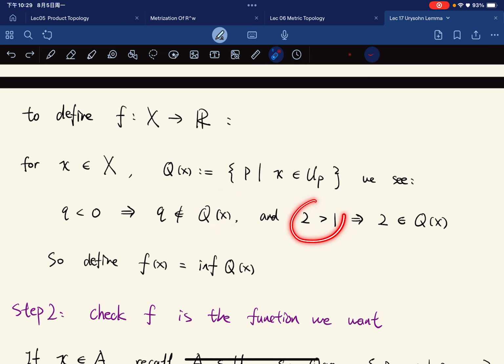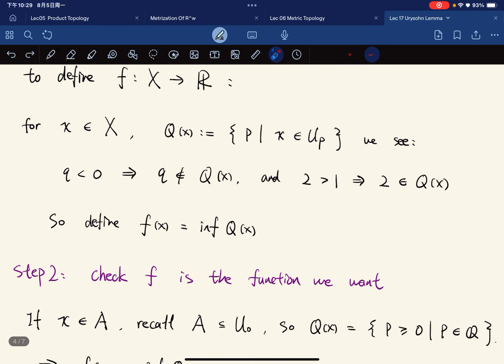Also it is not empty, because U2 is equal to X. So it is a non-empty set that is bounded below, which means we can define the infimum of this set, and we define f of x as this infimum.